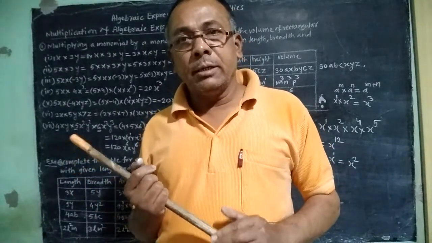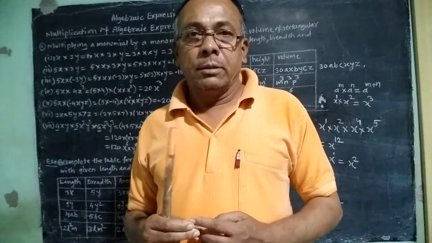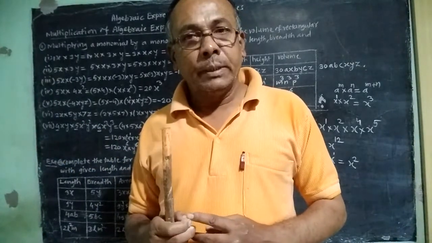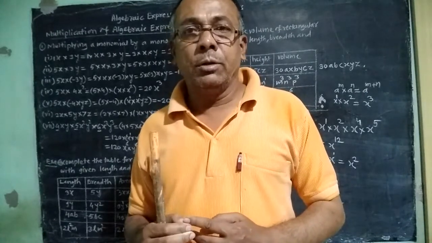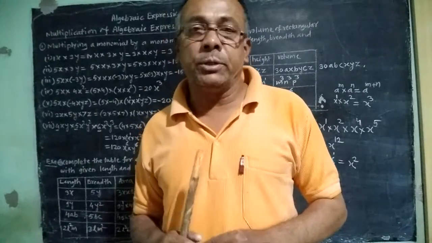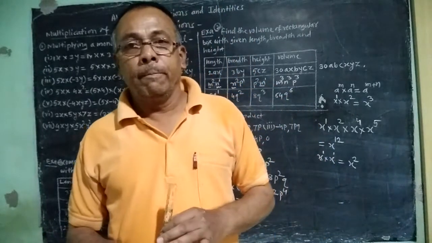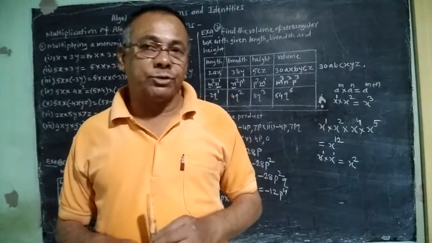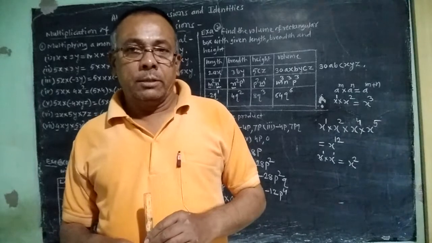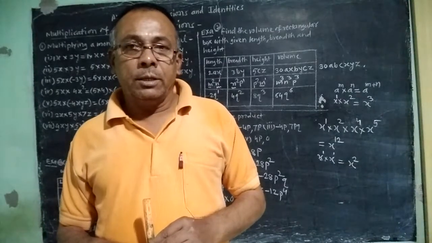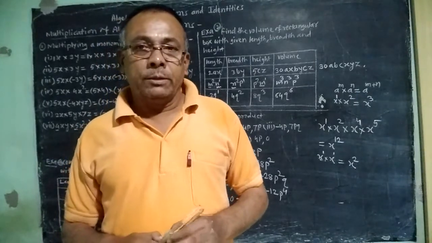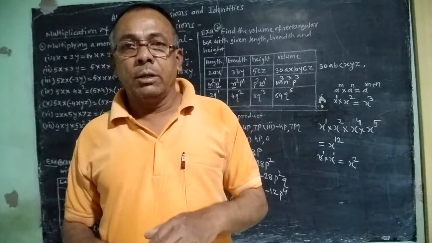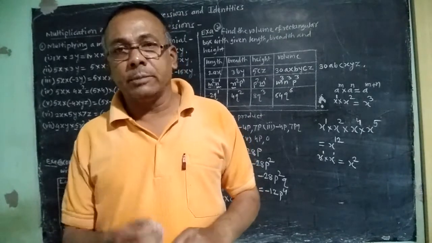In addition and subtraction, we have seen that for the addition or the subtraction of the algebraic expressions, we must know the like terms. Means in the process of addition as well as subtraction, there was only the addition or the subtraction of the like terms.